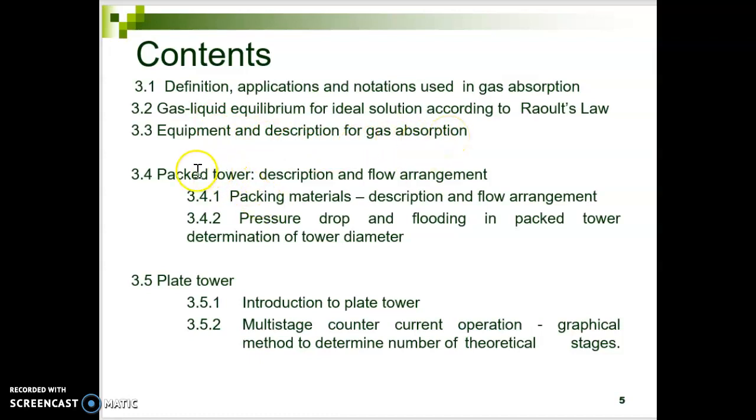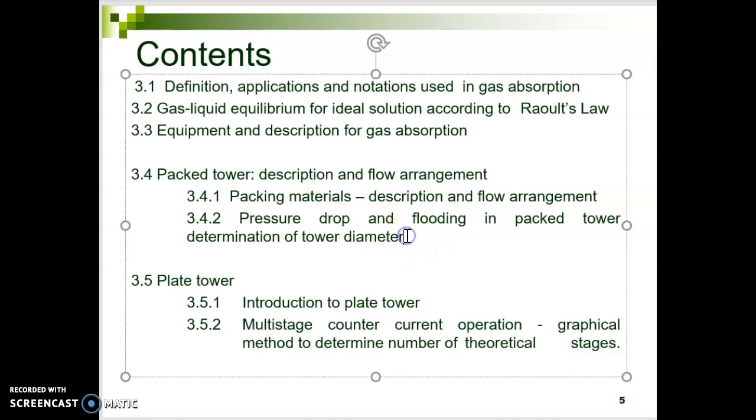Then we go to the packed tower, to describe the packed tower and its flow arrangements, and several packing materials used in the packed tower. Then we need to calculate the pressure drop and flooding, and determine the tower diameter. So from here we can calculate the diameter of the tower and also the height.